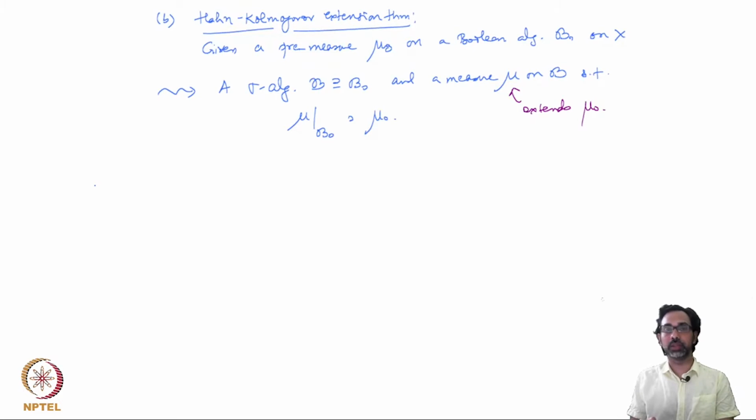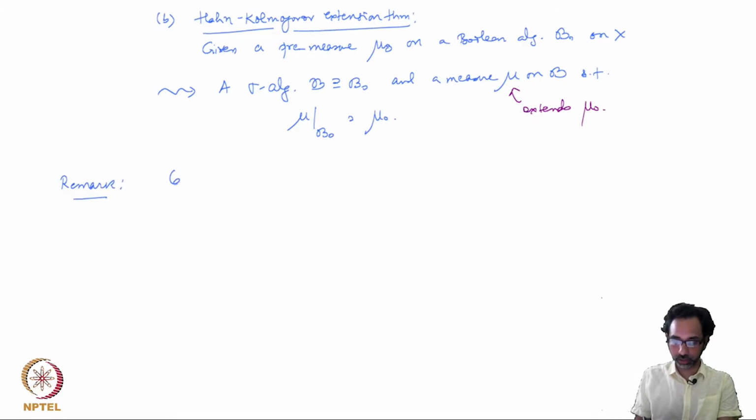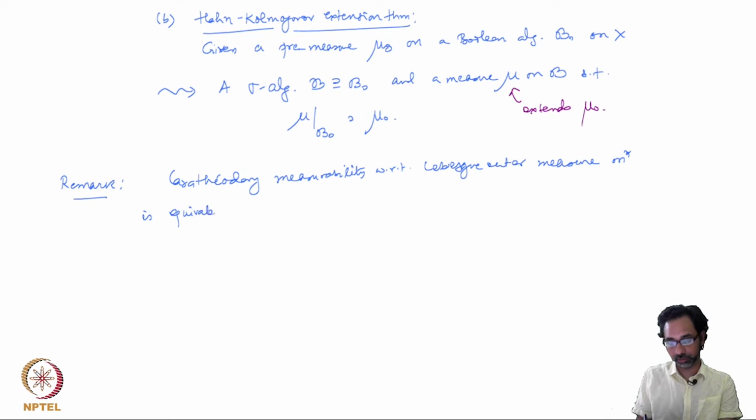Let me put this as a remark: Carathéodory measurability with respect to the Lebesgue outer measure m star is equivalent to Lebesgue measurability.